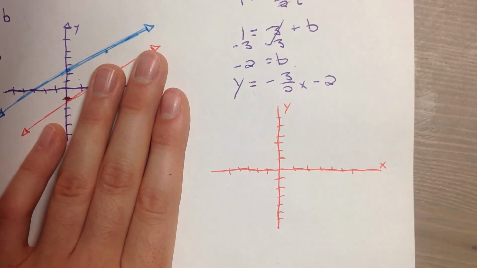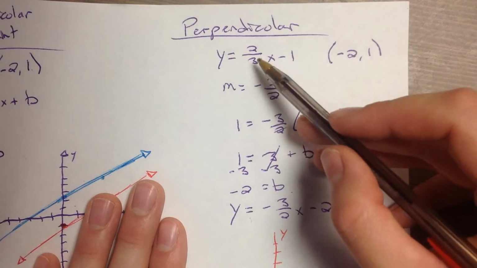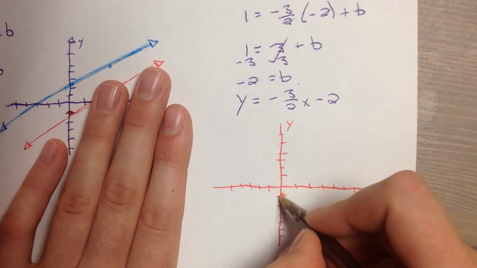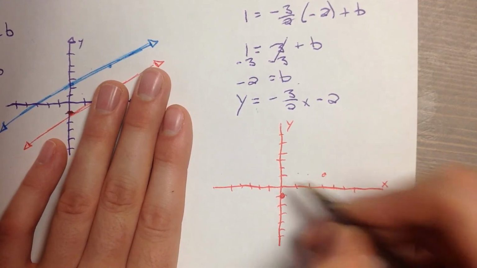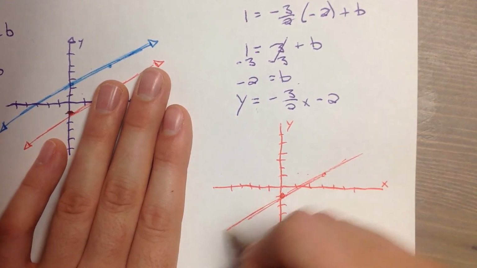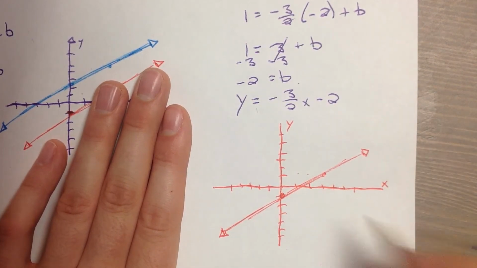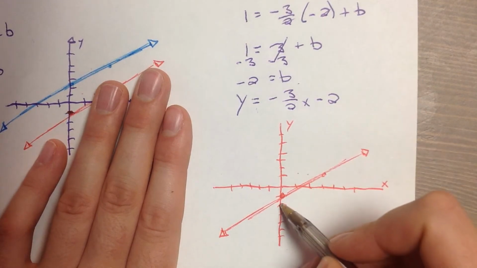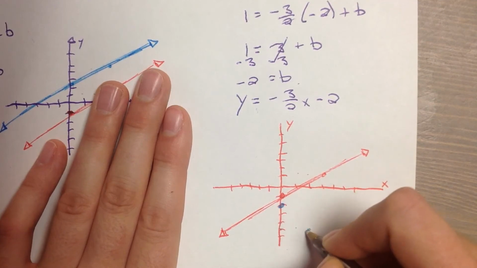we would start with the first one, which had, if you remember, 2/3 x minus 1, so -1, so we come down 1. Slope of 2/3 means we come up 2/3, and we have that first line again, same as before. That one hasn't changed. Now if we graph our second line, we start at -2, down 3, so 1, 2, 3, over 2.